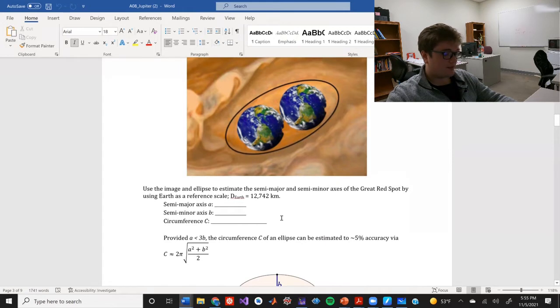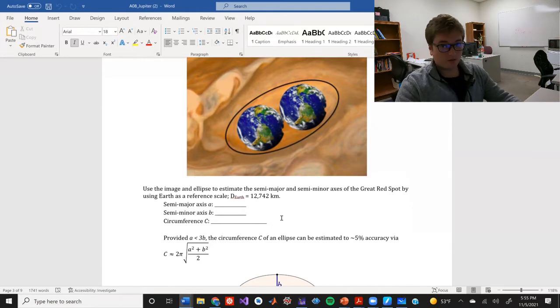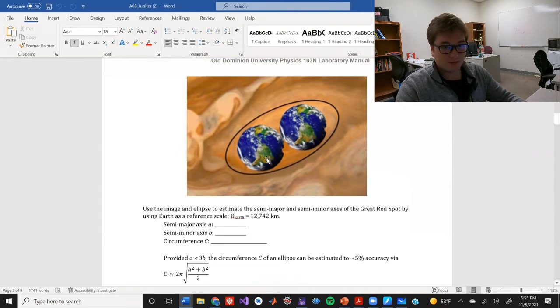How you're going to find the semi-major and semi-minor axes is that you're going to be using Earth. In this particular case, we've given you an image that has the actual size of Earth as compared to the Great Red Spot. And obviously, as you can see, you can fit more than one Earth within this giant storm.